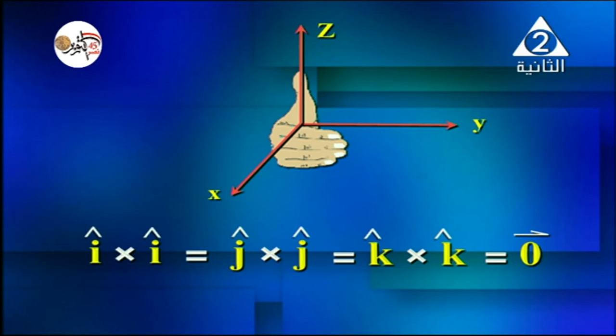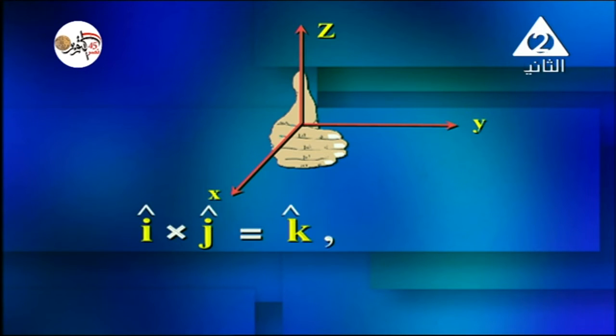Remember, my dear student, i is the unit vector in the x-axis, j the unit vector in the y-axis, k the unit vector in the z-axis. i cross i equals 0, also j cross j equals 0, and k cross k also equals 0.